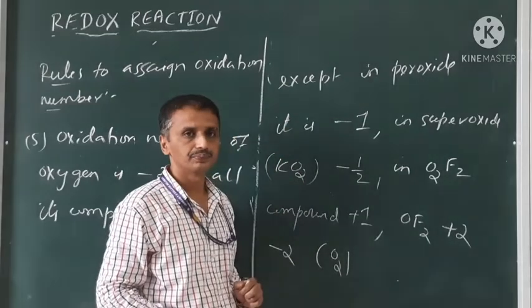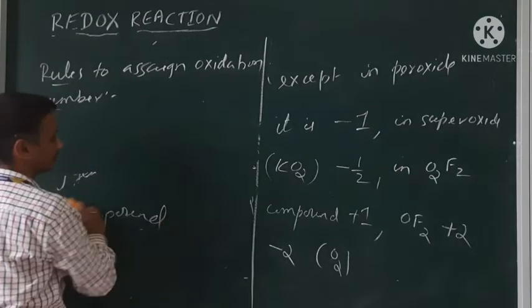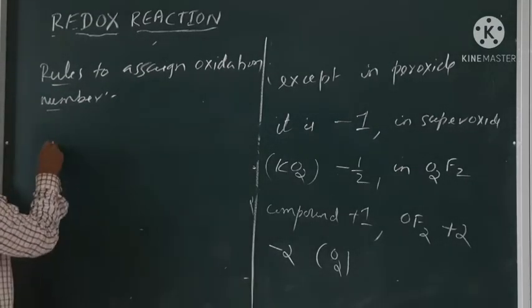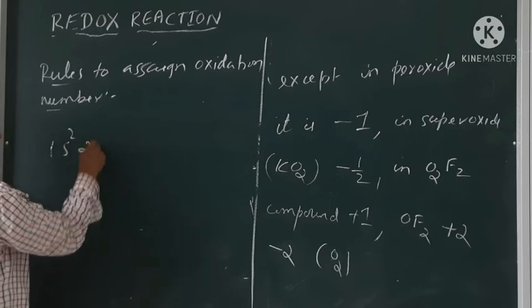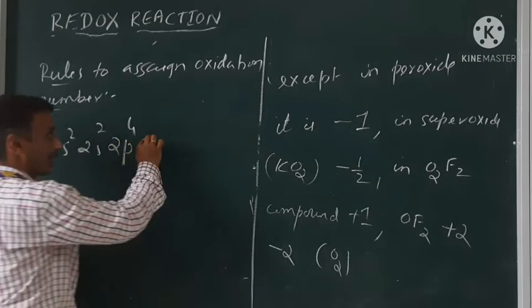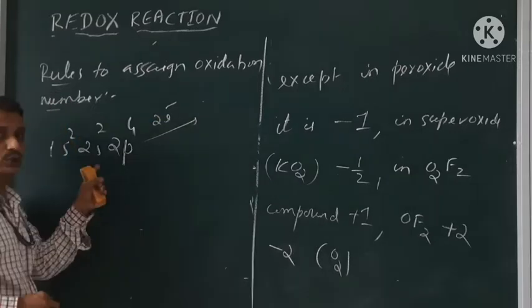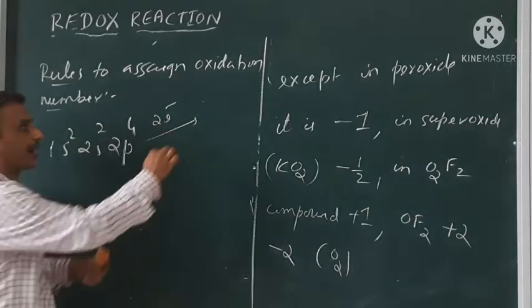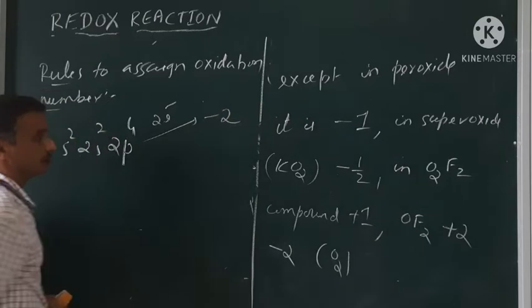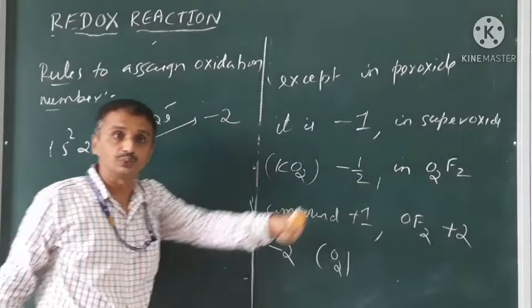Why? Oxygen, if you consider, what is happening here? The oxygen 1s2, 2s2, 2p4. Gaining the octet is easy if it gains 2 electrons. 2s2, 2p6 will form. So minus 2. Then why in the OF2 is plus 2?